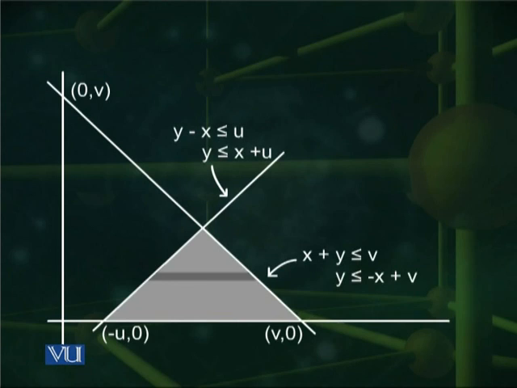If you take x to the other side, it comes out to be y is less than minus x plus v, or y is less than v minus x. So if you pick any value of v, this constraint represents all the points on xy plane which are below this 135-degree line, which crosses the y-axis at (0, v) and crosses the x-axis at (v, 0).